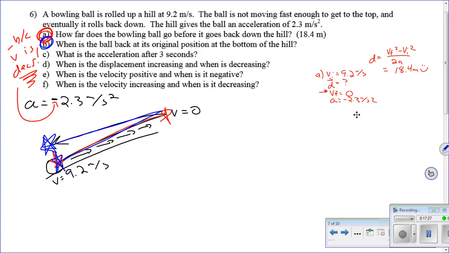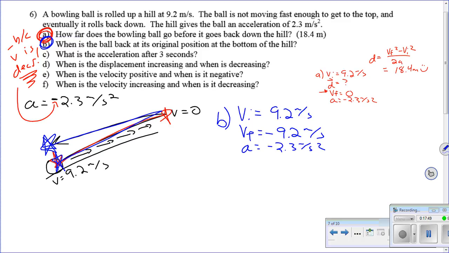But just to be clear, the other way you can do it specifically is to say, well, I know when I first rolled it, the velocity was 9.2. When it gets back to its starting spot, the velocity is going to be negative 9.2. It's the same number because the path is symmetric, and then it's coming back down, so it's negative. And then you know your acceleration is negative 2.3 meters a second squared, and we're looking for the time.